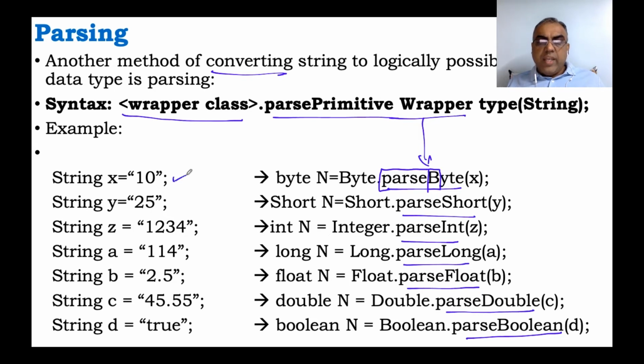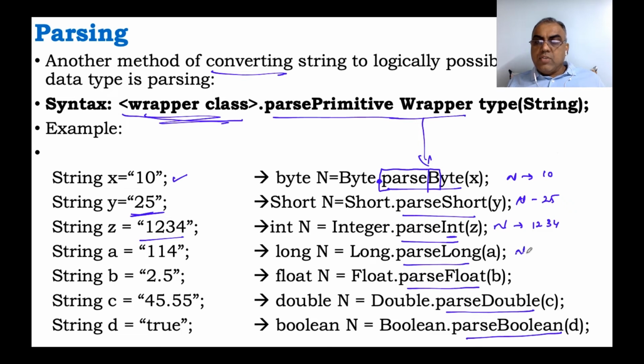So if x is 10 and I want to convert it into byte type, I'll say Byte, that's my wrapper class, dot parseByte(x). Again n will be stored as 10, numeric. Short.parseShort will convert this 25 into numeric 25. Integer.parseInt, it's not parseInteger, it's parseInt, is going to convert n into 1234.